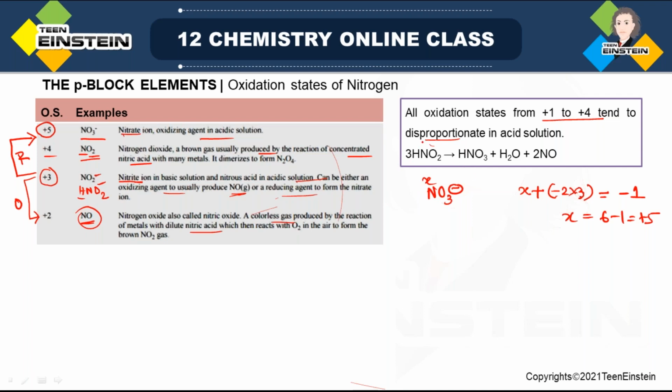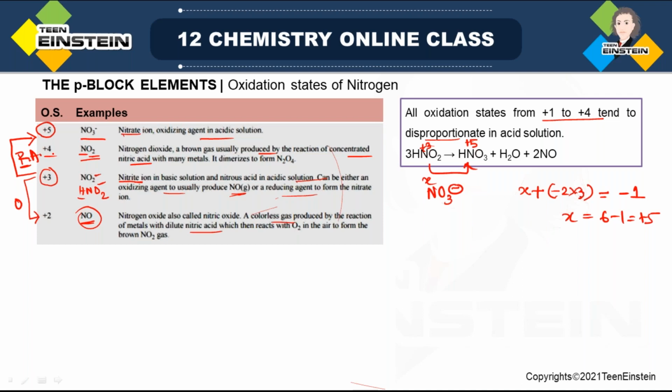So for HNO2, the oxidation state is +3, and it is simultaneously converted to HNO3, that means nitrate ion, +5. So it has lost electrons. Here it is acting as a reducing agent. See, here I have written R. That means from +3 to +5, it is itself acting as a reducing agent.